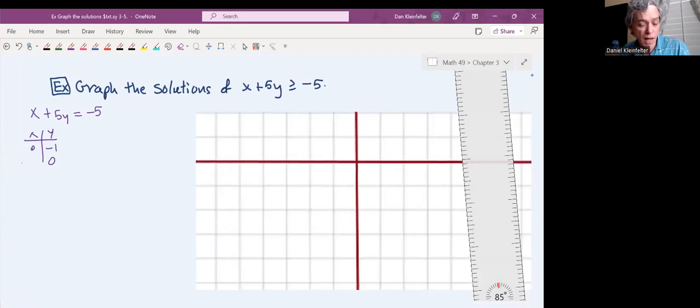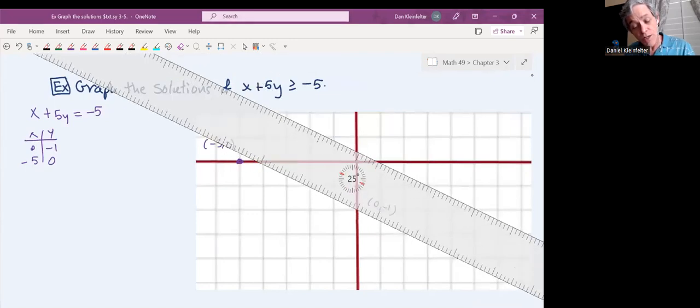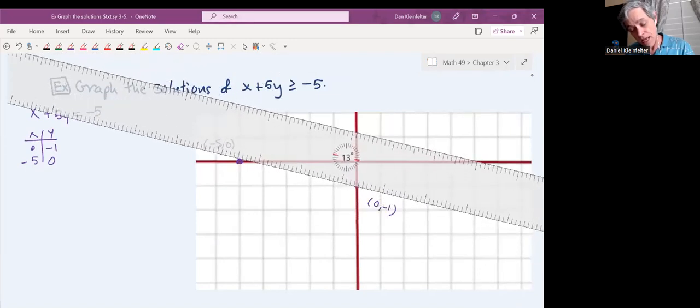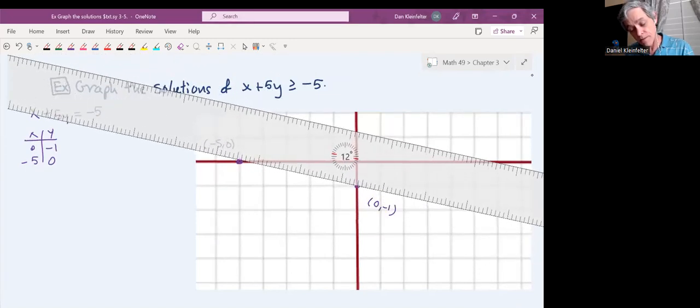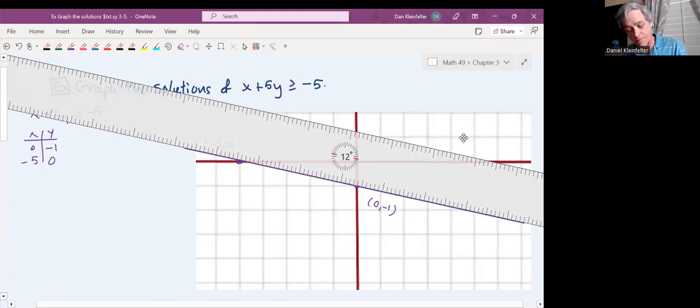When y is 0, x will be -5. So we'll plot the point -5, 0, and the point 0, -1. Our original inequality had a greater than or equal to in it. And so it's got the or equal to, so we're going to be using a solid line on that.